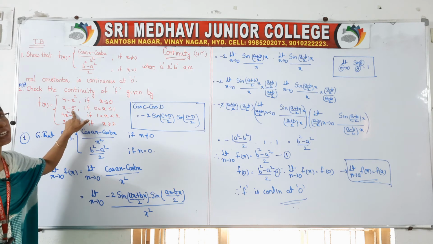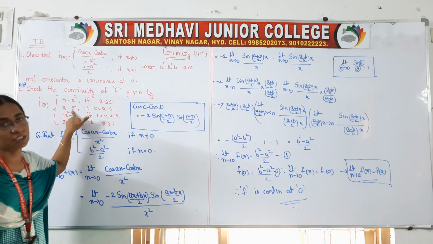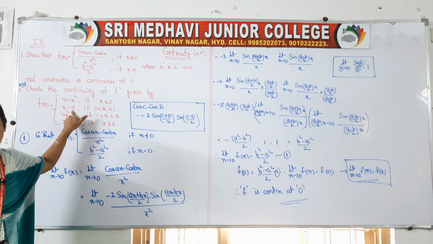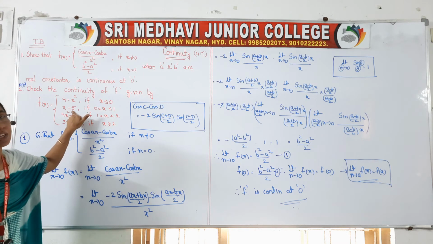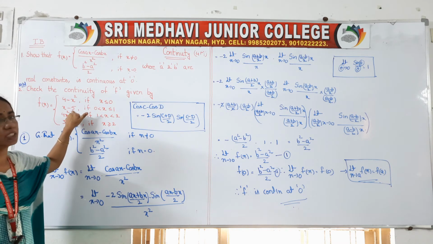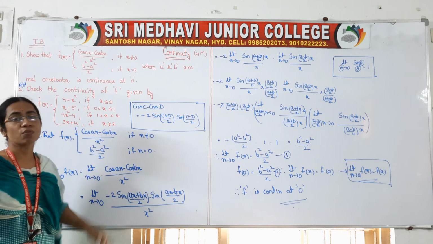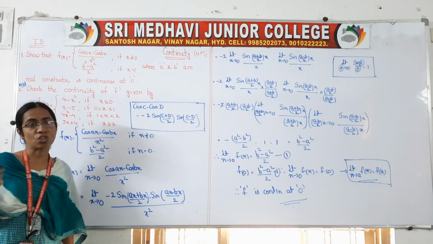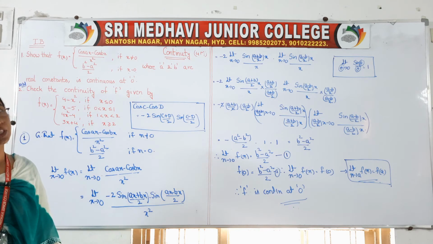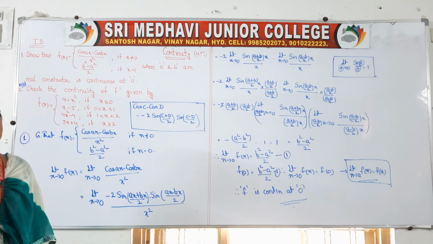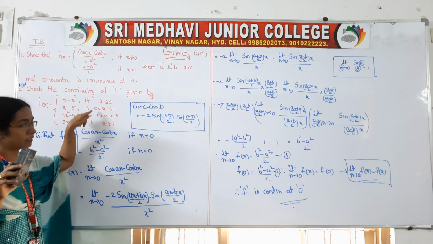So, first you find out the left hand limit at 0 and the right hand limit at 0. If both are equal, that will be the limit, and then f of 0. In this problem, your left hand limit at 0 is not equal to the right hand limit at 0. So, the function is not continuous at 0.